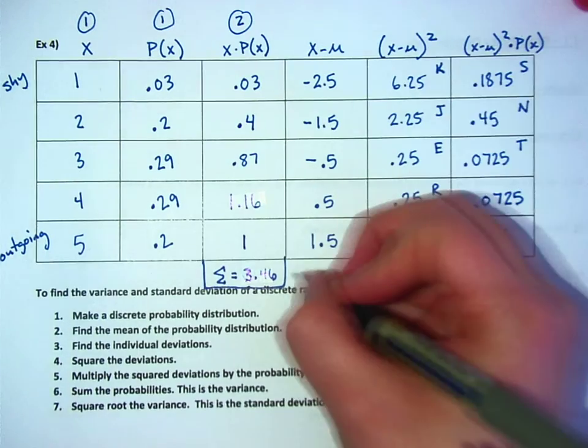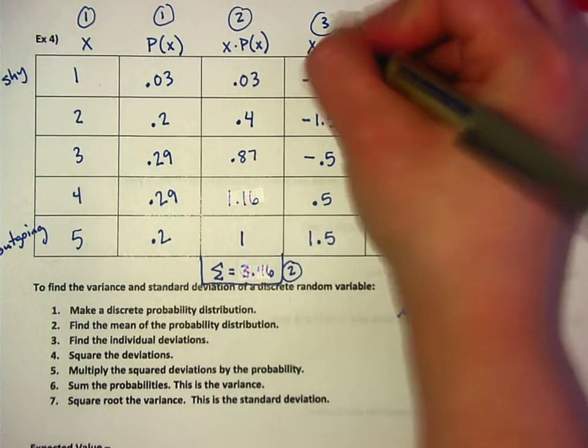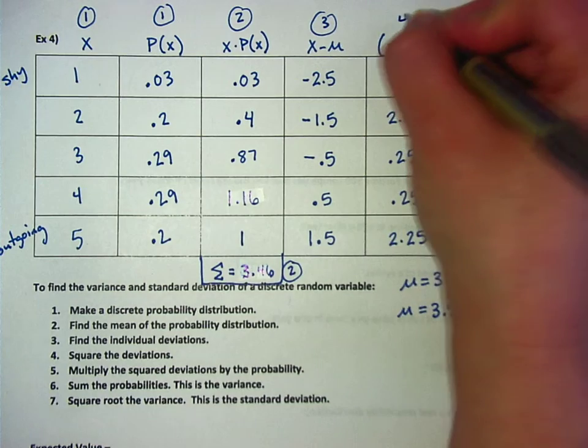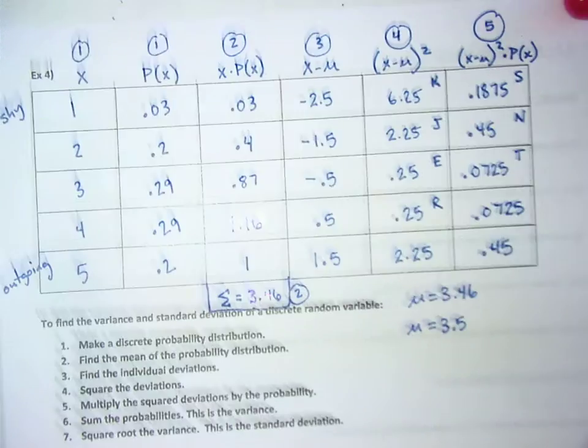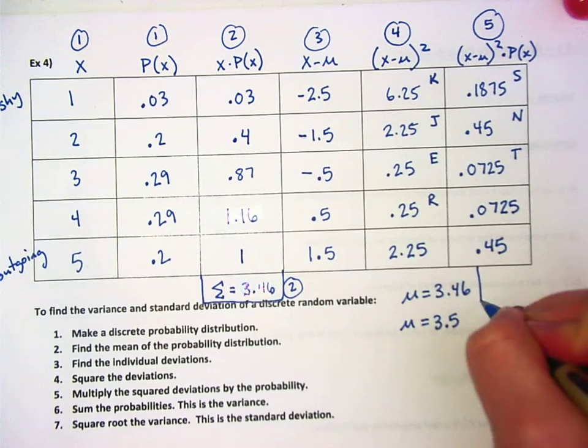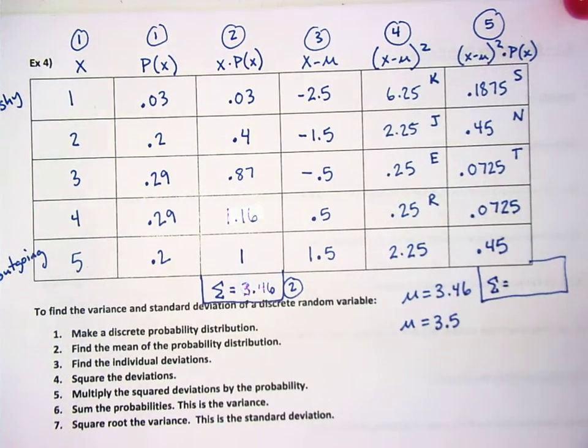This is step 2 and step 2. This is 3, 4, 5. All right, and then we're going to do a sum of these, and this one is the variance when you do the sum. And you don't need to divide by anything because that's already taken into account because we're doing probabilities.